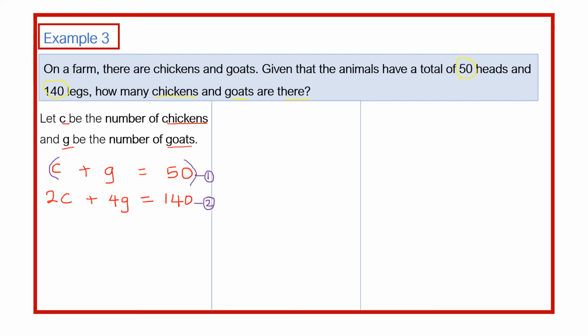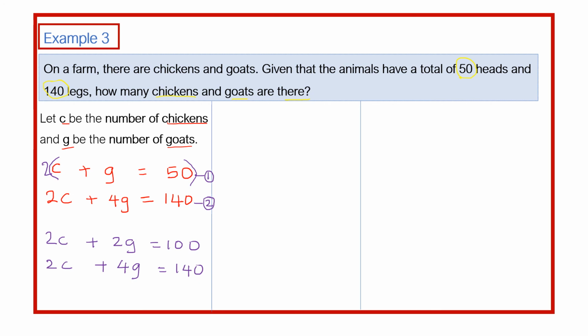So to get 2C, we will multiply by 2, such that we will get 2C plus 2G equals 100. And then for equation 2, it is still the same. 2C plus 4G equals 140.